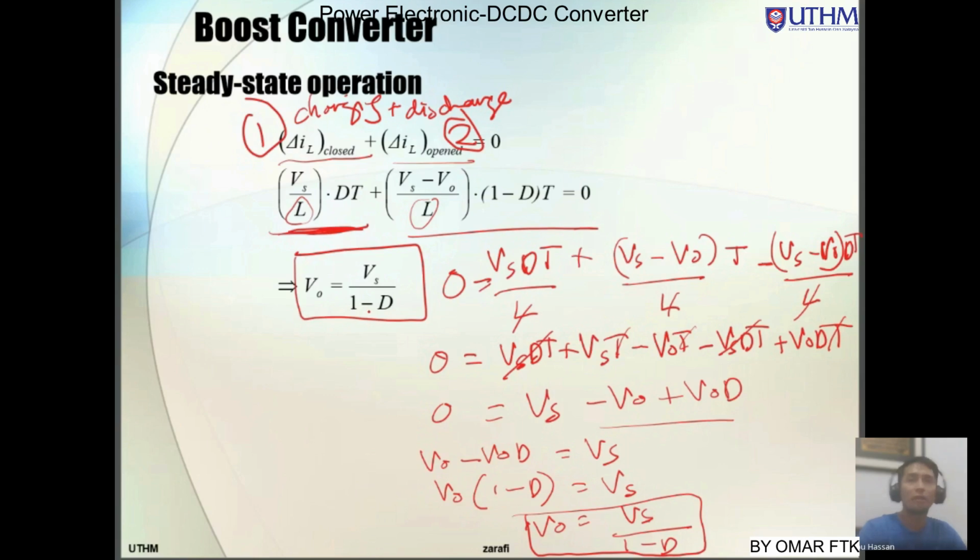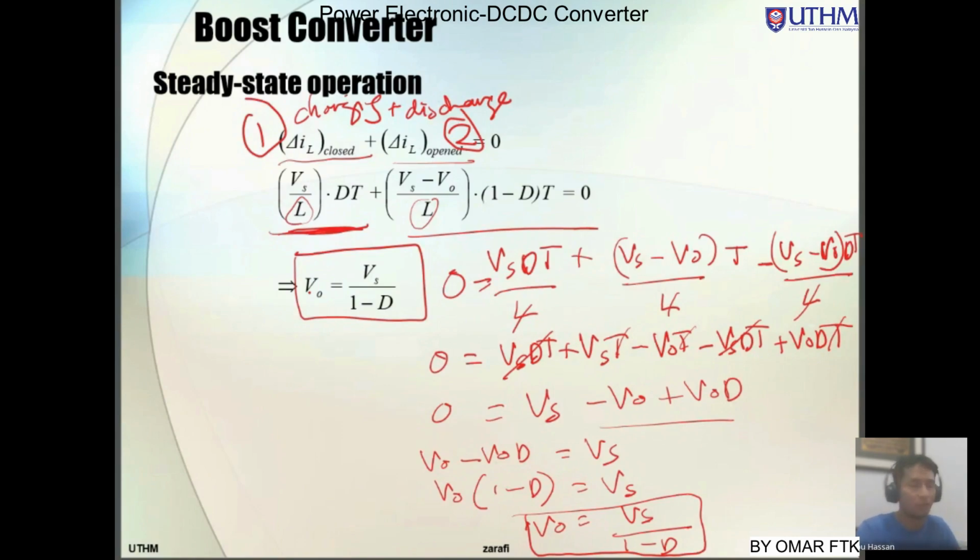So usually when we design the boost converter, we have to set a limit on the duty cycle, probably around 0.7, 0.8, 0.9. We cannot go into a small value, meaning 1 minus D cannot be too small. Otherwise, the difference between input voltage and output voltage will be very large, and the problem is at the components of our boost converter.